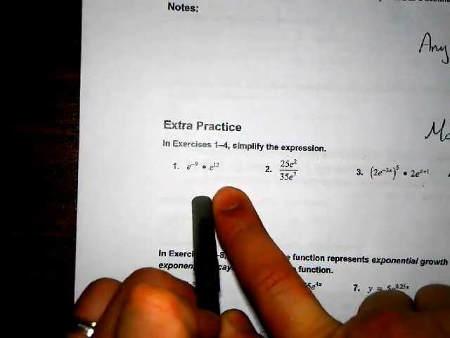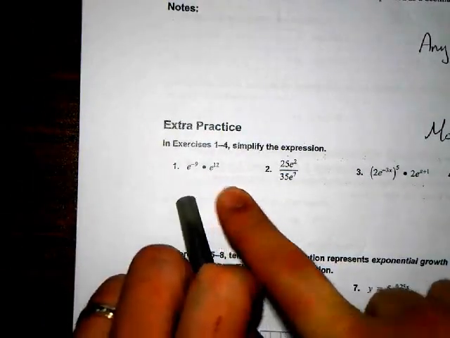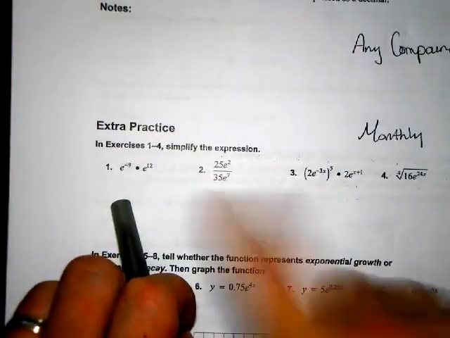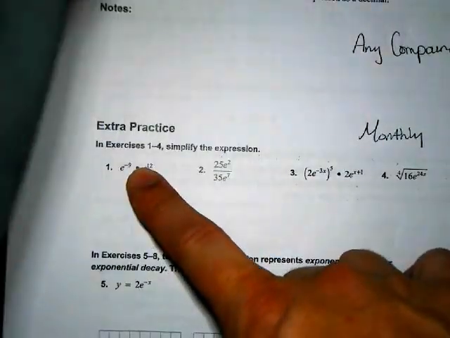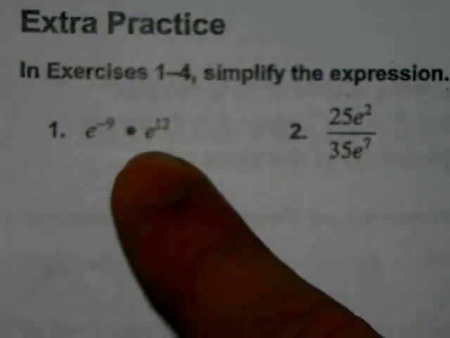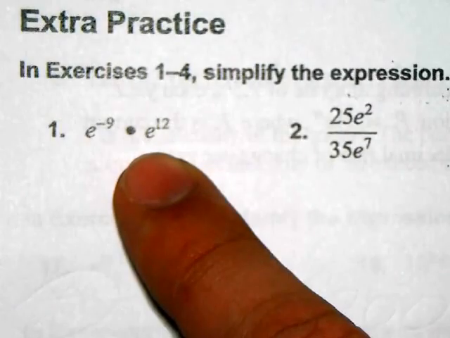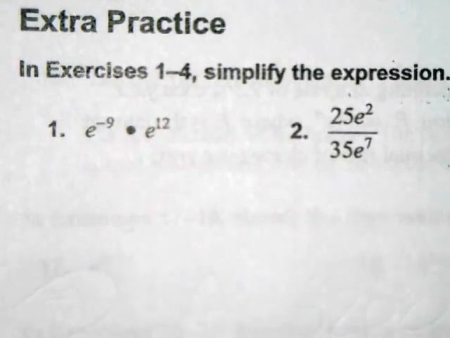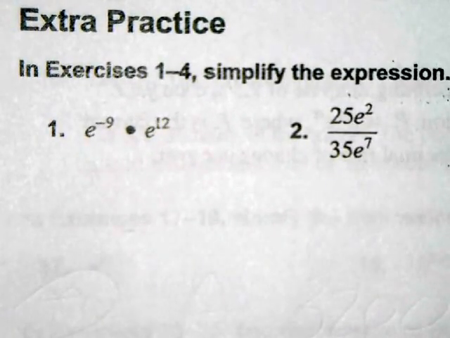7.2 is all about e, all about the letter e. So what could you do here with e? Yeah, we can add these up. What would your final answer here be, Jennifer?